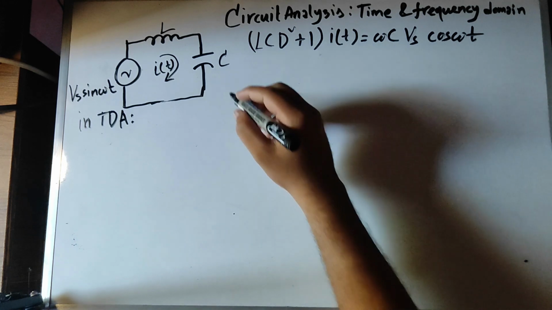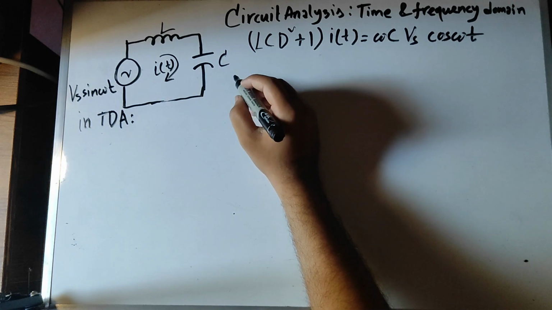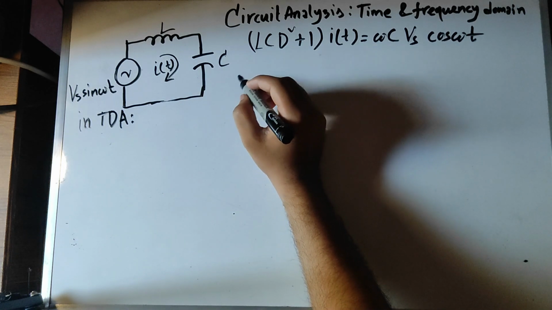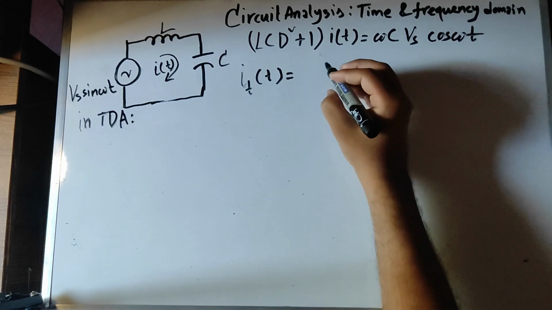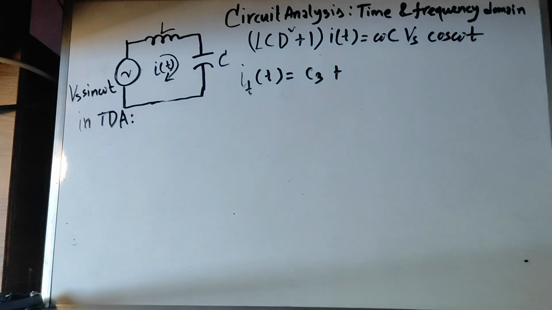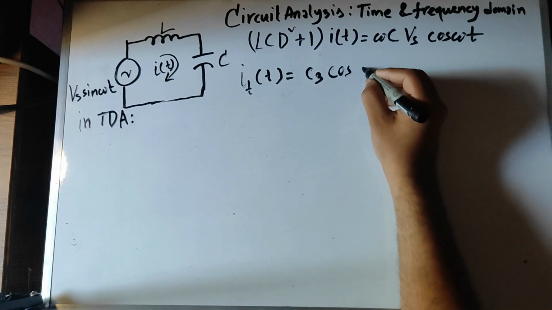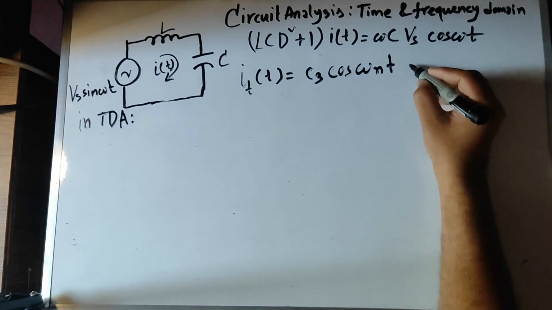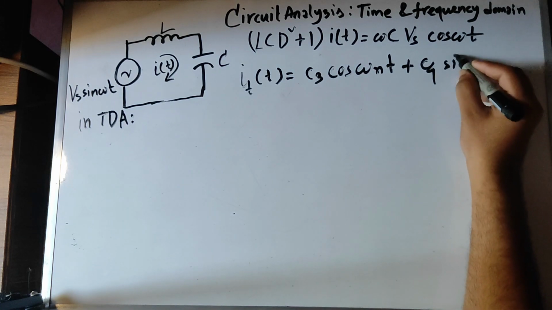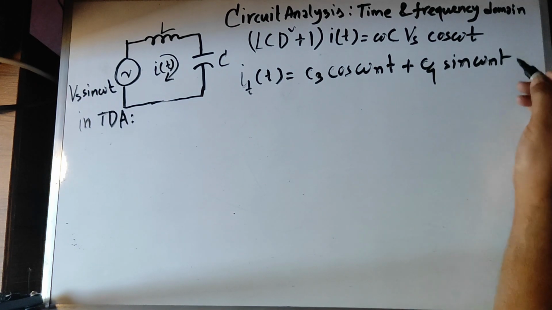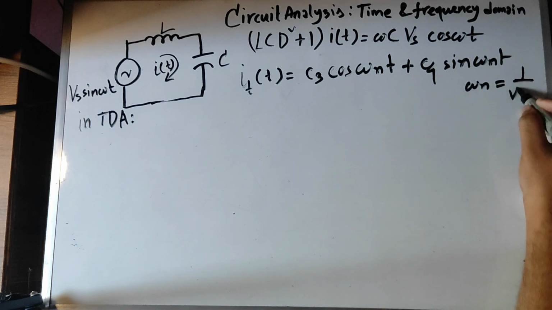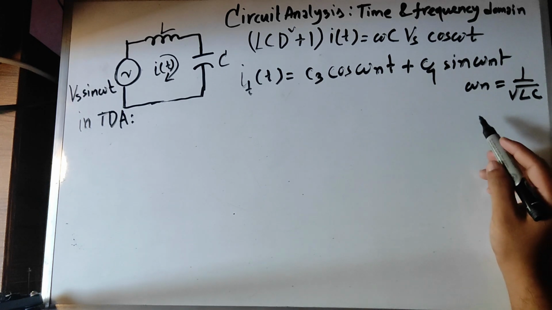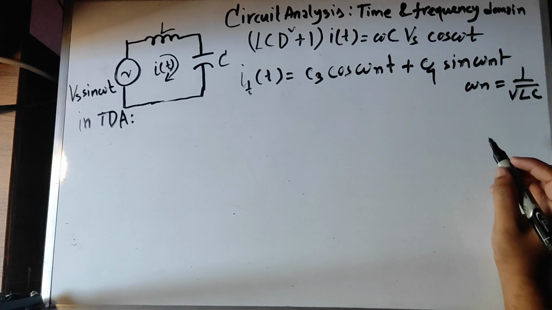We already know our transient response or complementary solution, which is i transient in time domain equals C3 cos omega n t plus C4 sine omega n t, where omega n is 1 by root over LC. This is the natural undamped frequency.